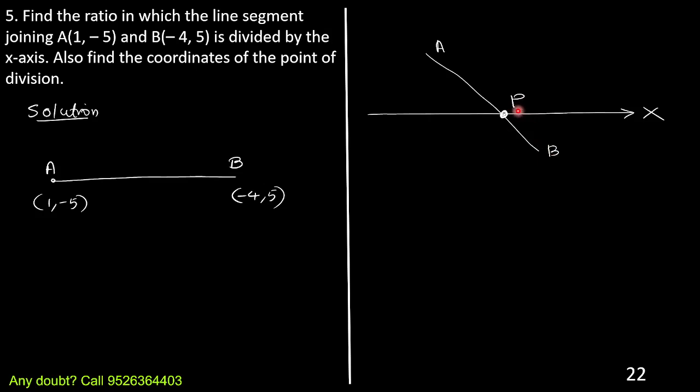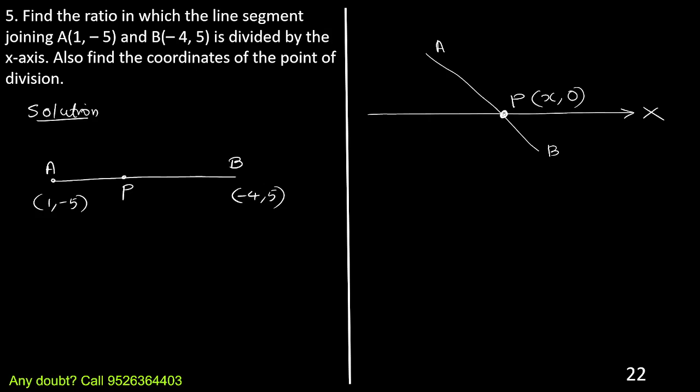So look here, the point P lies on AB, isn't it? There is no doubt in that. The point P is a point on the x-axis. If a point lies on the x-axis, you know that its y-coordinate will be 0.